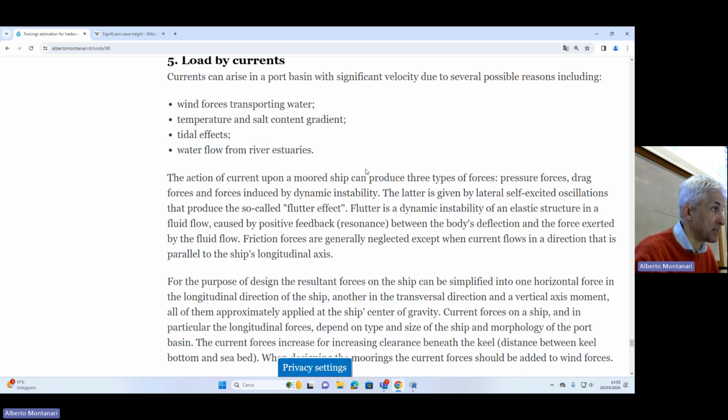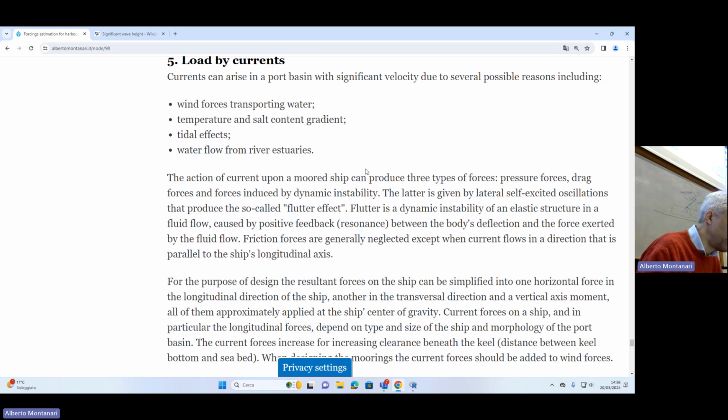Usually the period of currents is a very long period, like night, day, or tide. If you have reasons to suspect that the period of currents may get close to the characteristic period of ships, then you have to also consider the dynamic effect.